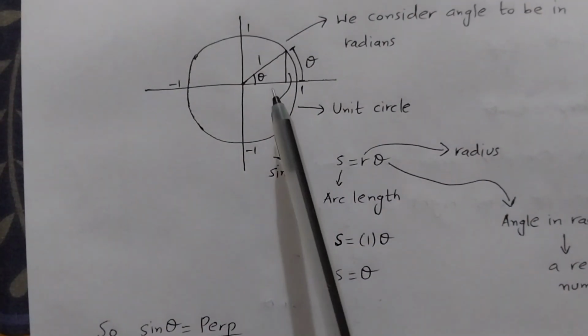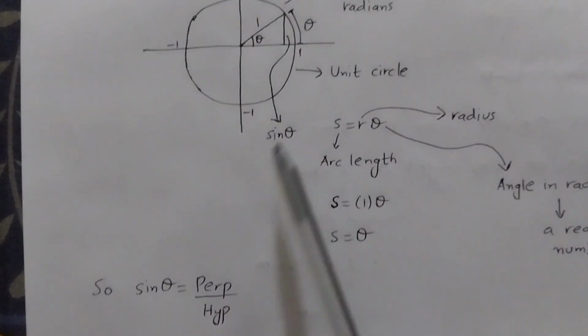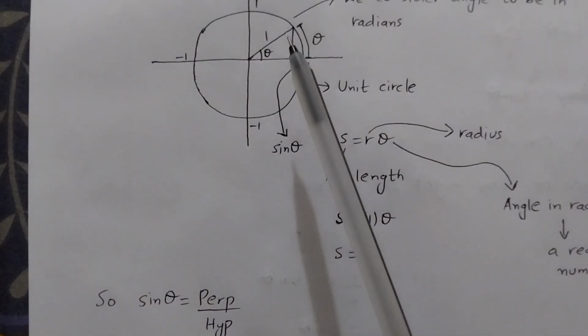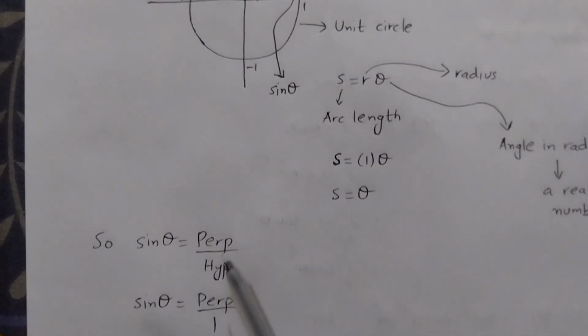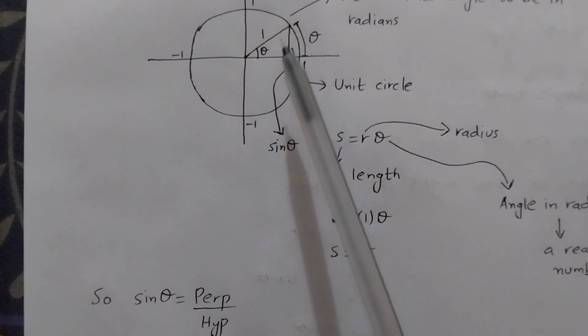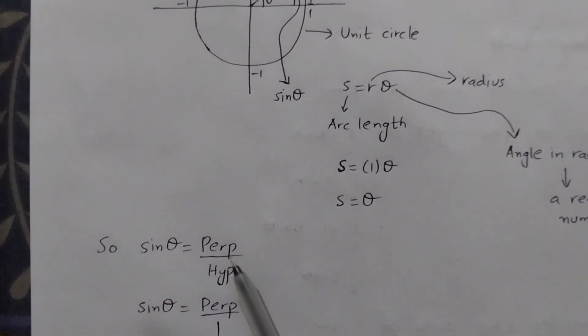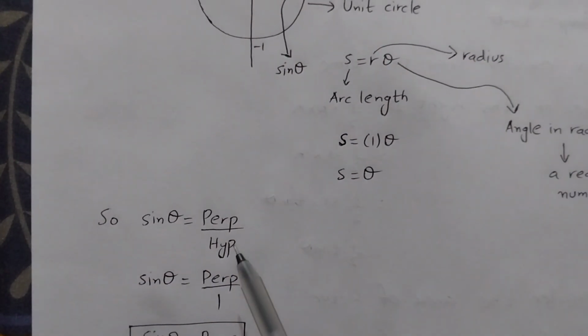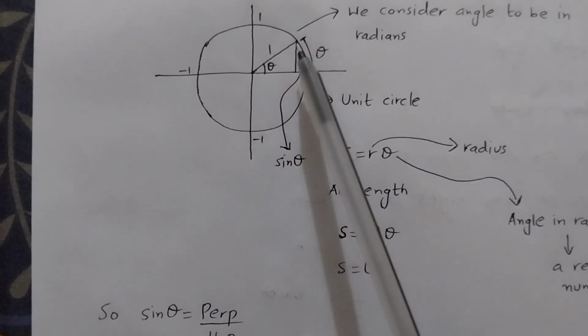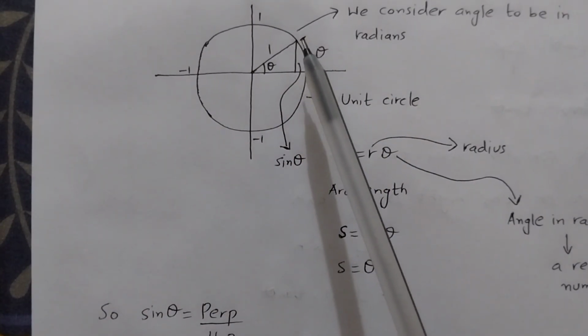So we are interested in sine theta, and sine theta is equal to perpendicular over hypotenuse. We don't know what the perpendicular is in this triangle, so perpendicular will remain as it is, and hypotenuse is this distance from the origin to the point which we have taken on the unit circle.